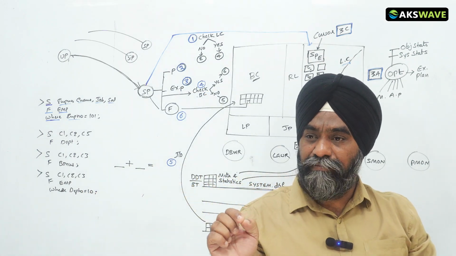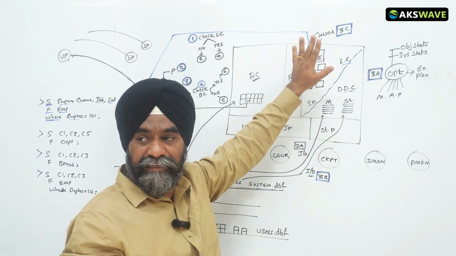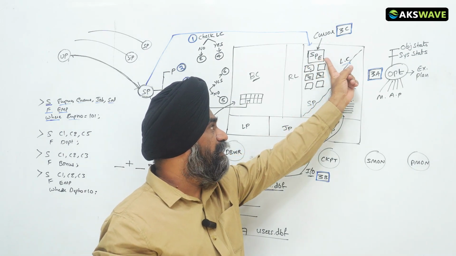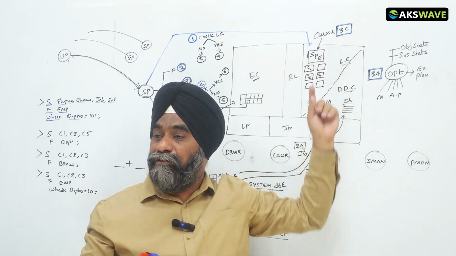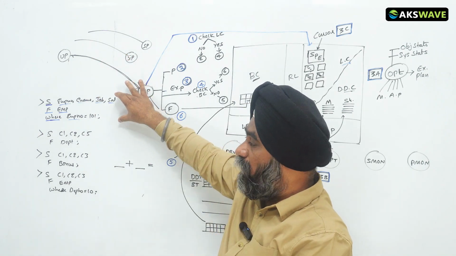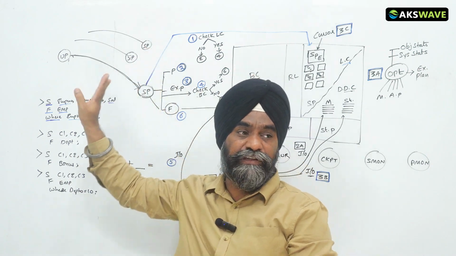The minimum checks will be done, so that is not considered complete parsing. It will do very small checks and then follow the plan. So other users, other sessions, even if they submit the same statement, all get the same execution plan to follow.